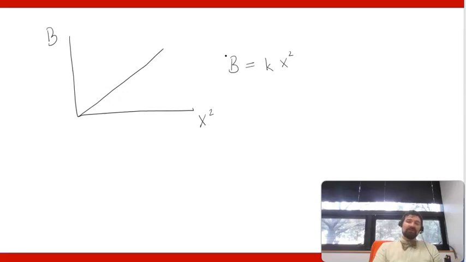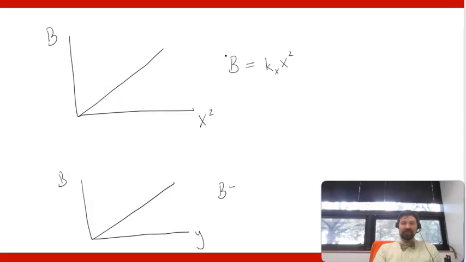Now, you may also have another one where you have some other variable y that you have plotted and gotten another straight line. So maybe we call this one the x constant, and this one right here, the y constant, times y.